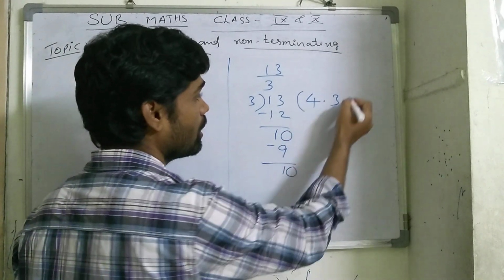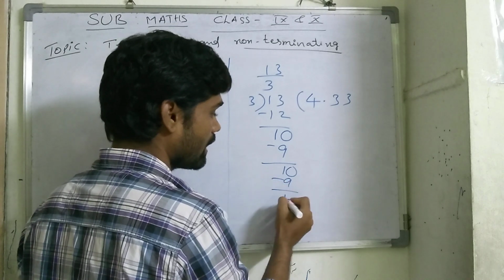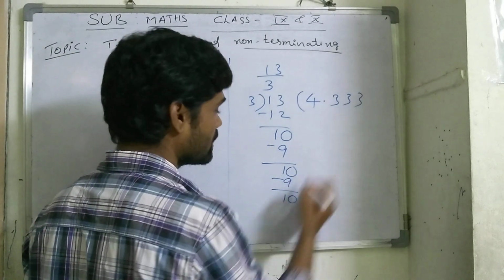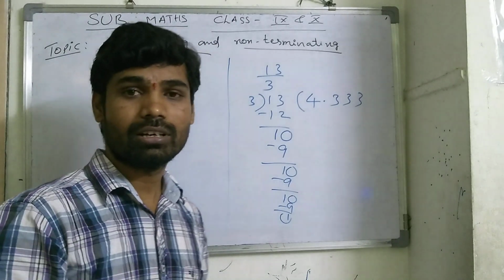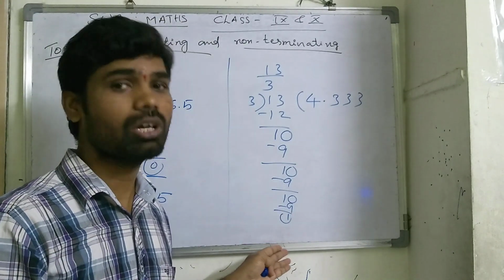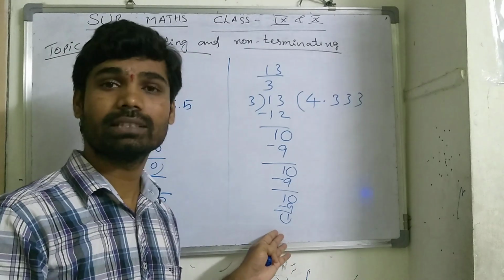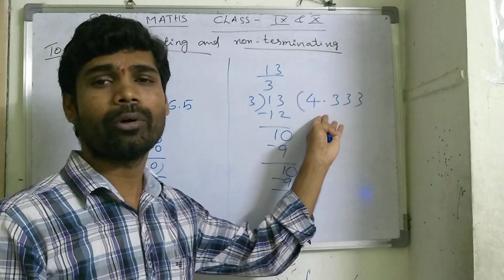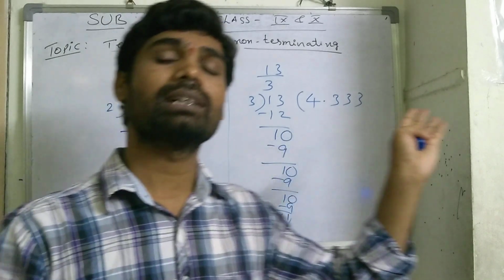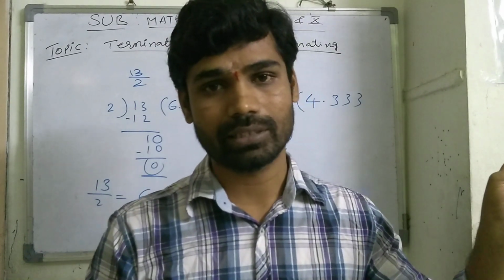So we can take 0. Again 3 3s are 9. Again 1. So 0, 3 3s are 9, minus, 1. It continues. Are you seeing anywhere the remainder become 0? No. The remainder doesn't get 0. So it's always 1, 1, 1. So the answer is 4.33333, it occurs again, 333, isn't it?